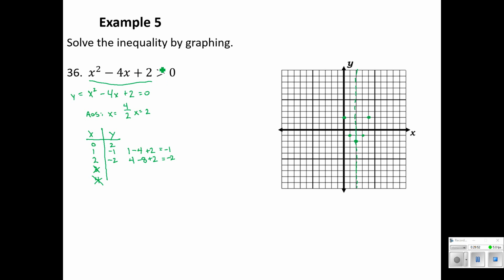Now, I want to solve this inequality. It's strictly greater than 0. So we want a dashed parabola. So I'll make a dashed graph there. And now, we don't need to shade any particular part of this, right?